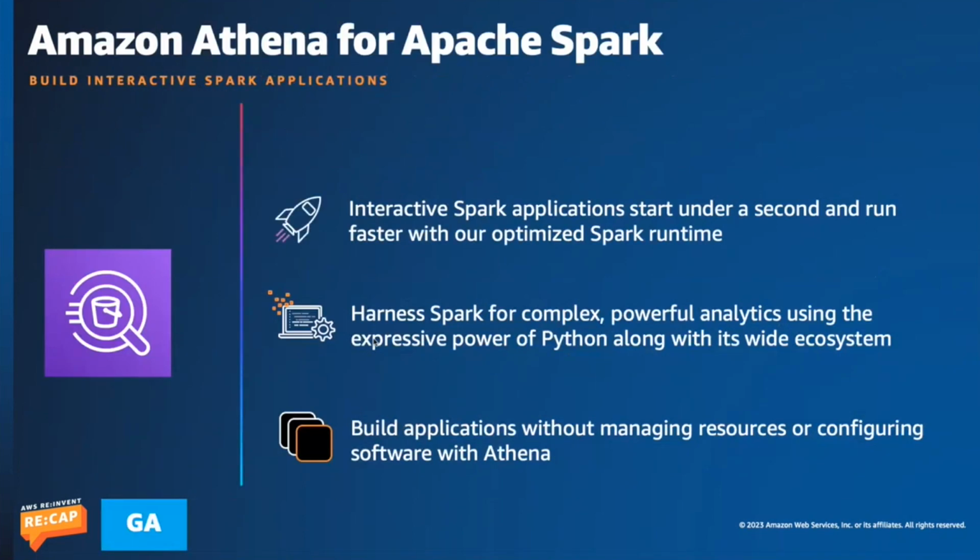We also announced the GA of Amazon Athena for Apache Spark, which is an Athena feature that obviously enables Apache Spark interactive analytics quicker because you don't need to plan, configure, and manage resources.